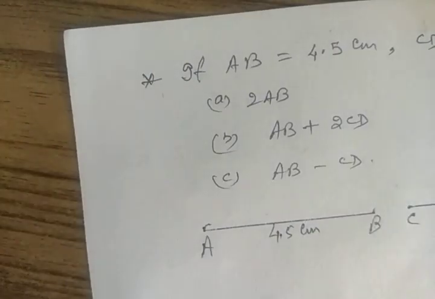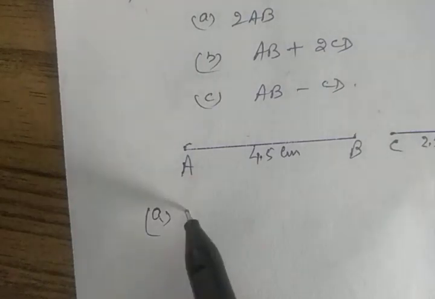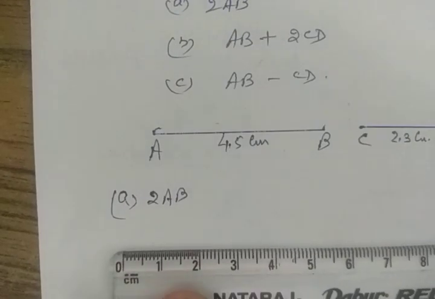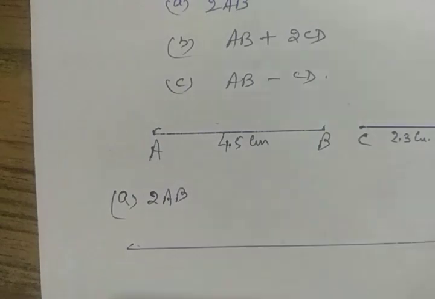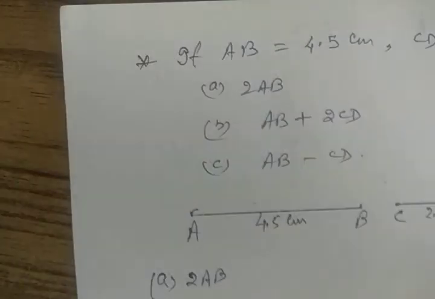Now in the same way, you have to draw a line equal to 2AB. For this purpose, what will you do? You will draw a line segment, just a big line. Is it clear? And now, starting, just write down the first point. Okay.